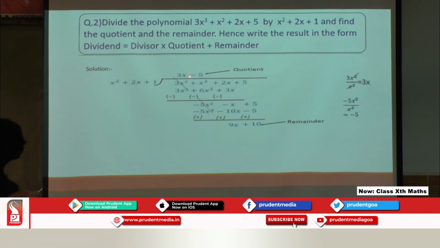So minus into plus is minus, 5 into x square is 5x square, again minus into plus is minus, 5 2s are 10x, again minus into plus is minus, 5 1s are 5. The second term of the quotient is multiplied by each term of the divisor.